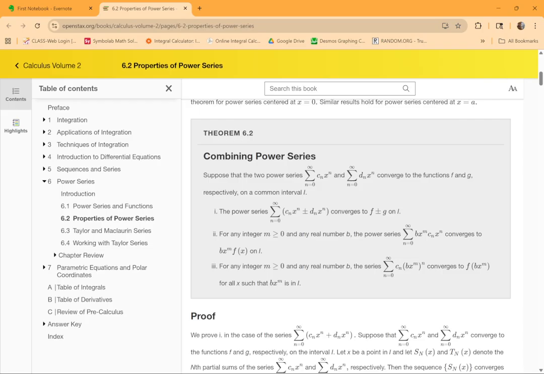So, for example, let's say we had two series. We had the series a sub n x to the n, with an interval of convergence of -1 to 1.